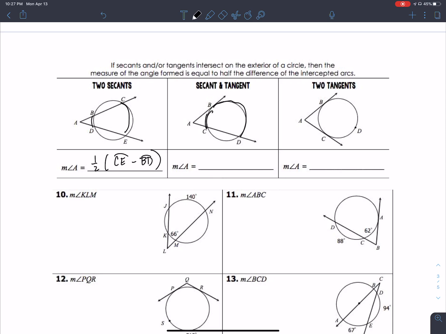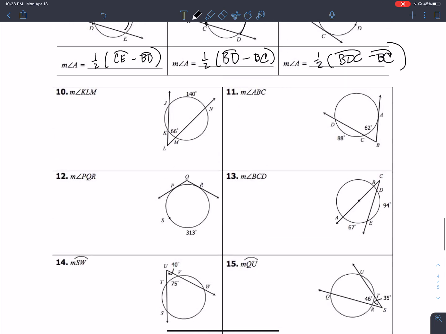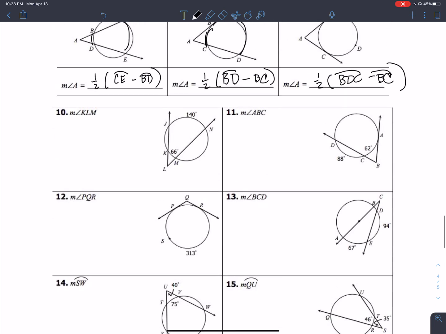So it's going to be half BD minus BC. And this one's going to be half BDC, the big arc, minus BC. So to get my angle, I do arc minus arc and half, or divided by 2, of that.